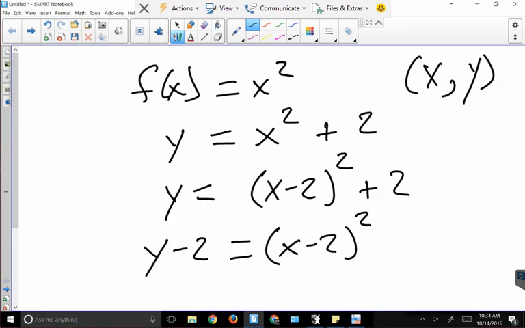If I add something to an x, if I add something to a y, it makes it get bigger, yes? If I subtract something from an x, subtract something from a y, it makes it get smaller, okay? It moves it down or to the left. When we apply that to an equation, it's always going to be the opposite.